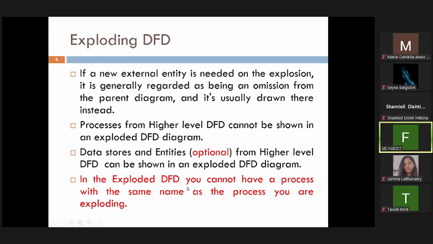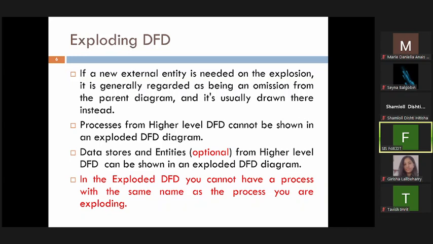In the exploded DFD, you cannot have a process with the same name as the process you're exploding. This is a common mistake made by many students, and it is not allowed. I have process payment that I'm exploding, let's say process 3, payment. You say 3.1, I'm going to check whether your order is correct. Validate the order just in case there's any mistake, because I'm charging you.